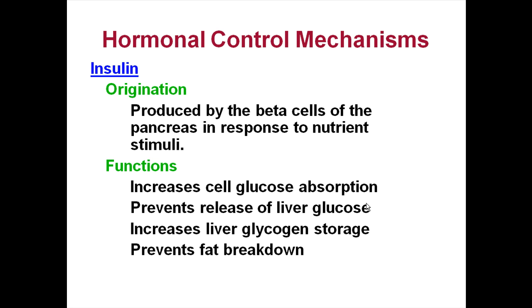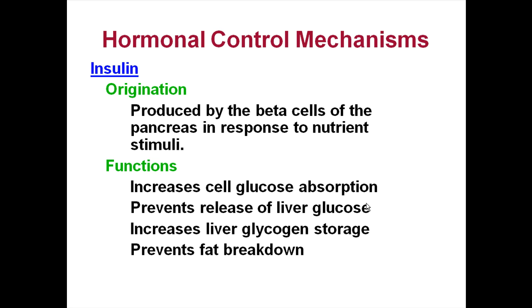If the liver glycogen is lower and you're able to put more glucose into the liver, then you'll form more glycogen for storage.